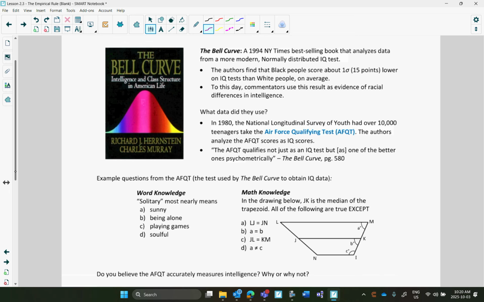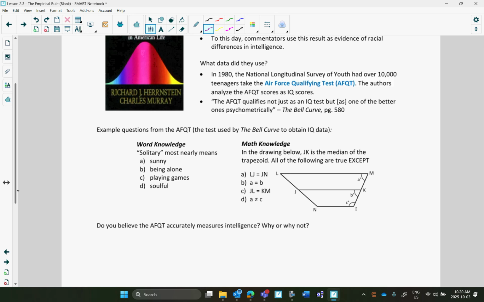Because if you think of it like this, here's the test that they used. It's called the Air Force Qualifying Test. Here's a question from it. They figured that was a good IQ test. But here's a couple questions from it. Understanding what the word solitary means. Or a mathematical problem where you're given a shape, you're given some information about the shape, and you're asked to find some missing information.